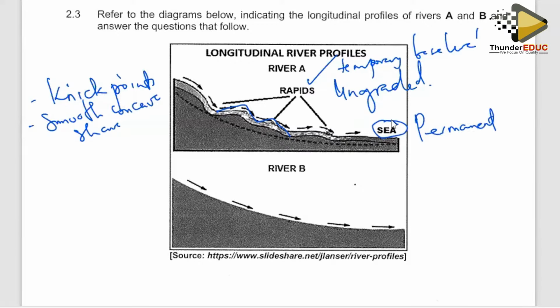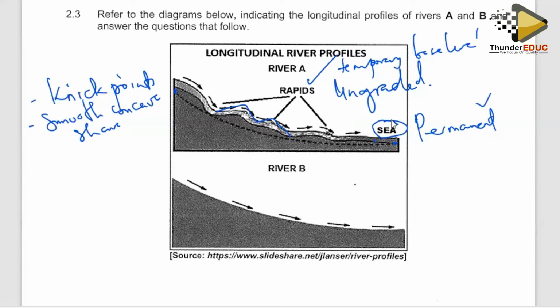If the river starts to erode from the level of the sea, going up until its source, it is going to achieve a grade, like what is indicated by this dotted line here. If this river starts to erode from this level, it is going to reach this particular point, creating a smooth concave shape indicated by the dotted line or the broken line here. So this is permanent, the sea level.